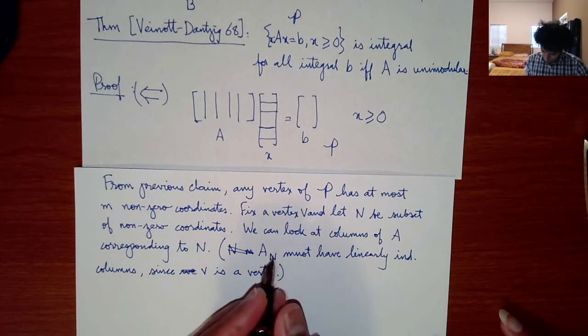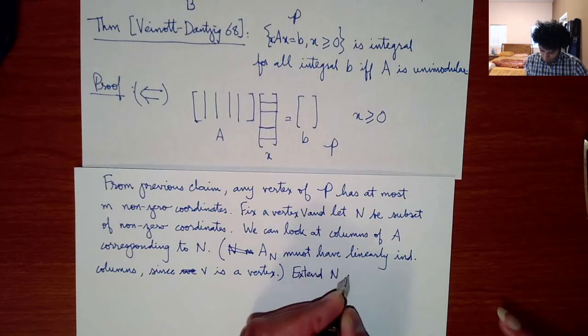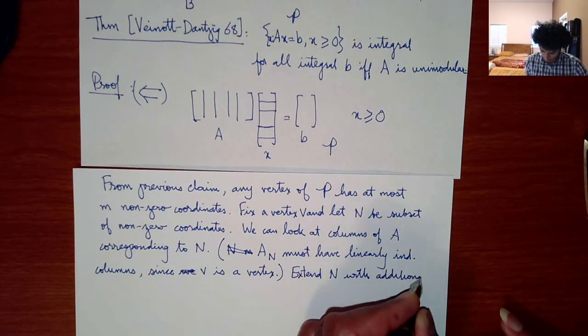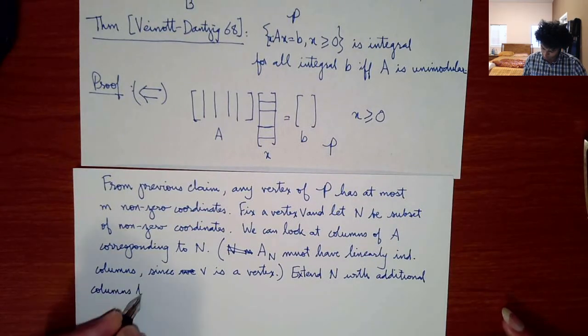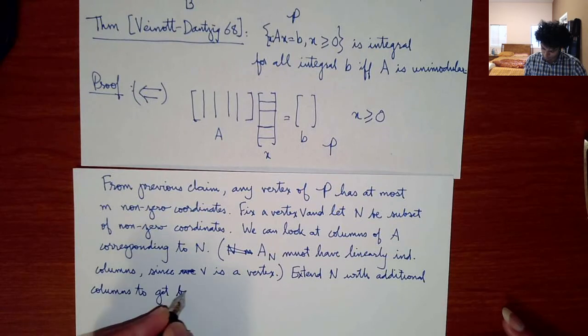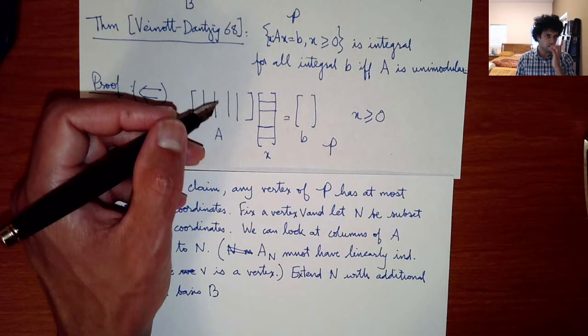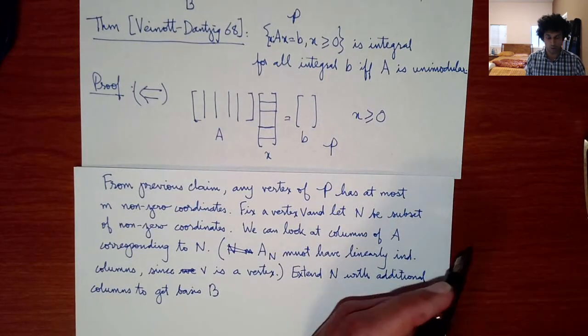So extend N with additional columns to get a basis B. Right, so you can always extend it. You can add extra columns to make it a basis, because these are linearly independent and the matrix is full row rank.